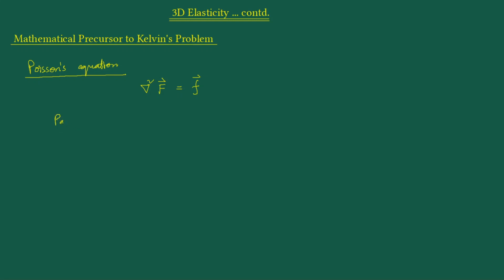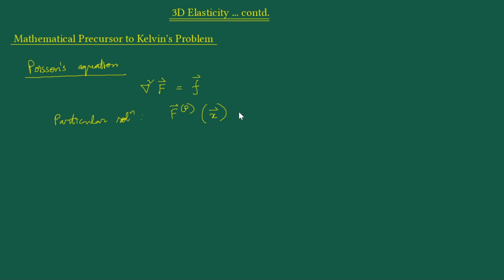So the particular solution to this Poisson's equation is given by this. The superscript p represents the particular solution, and this functional dependence on the x vector represents basically the notion of how the particular solution will depend on the various positions that we are sitting at.